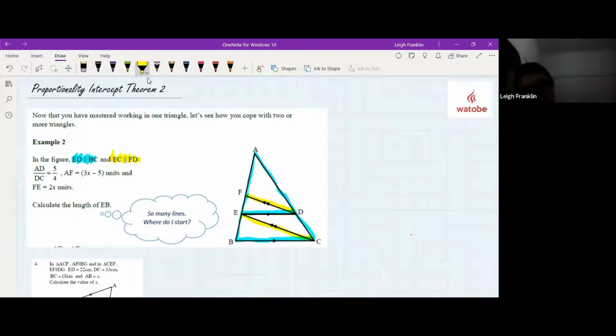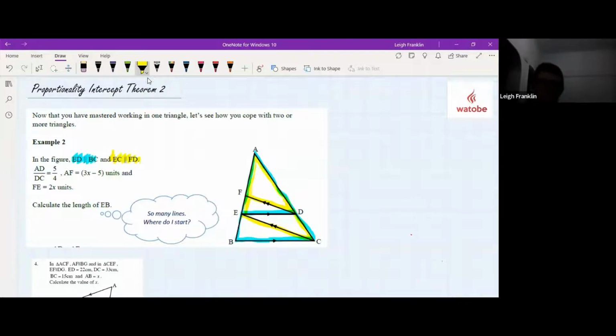So FD parallel to EC cuts AE, badly drawn by me, and AC into the same proportions. So can you see here, we've got two triangles.